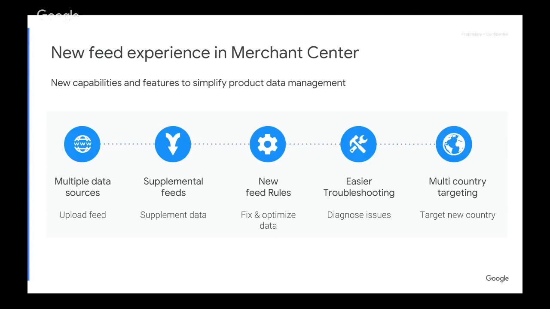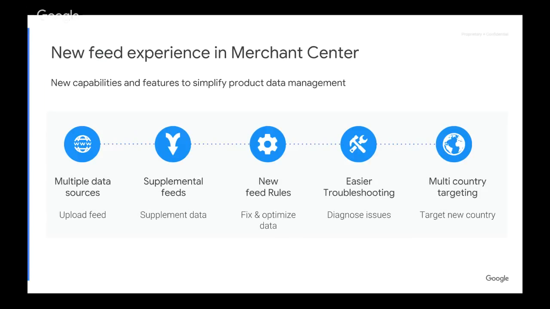Now you can use multiple files combined with data sent through the Shopping API to create your product data, which means that you can use multiple files such as supplemental feeds. So you can add additional files, for example, that have availability information or that have custom labels. You can add those files in Google Merchant Center, and Google Merchant Center will add them to the data for this particular product.